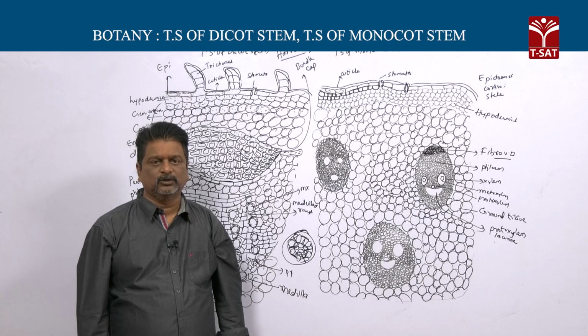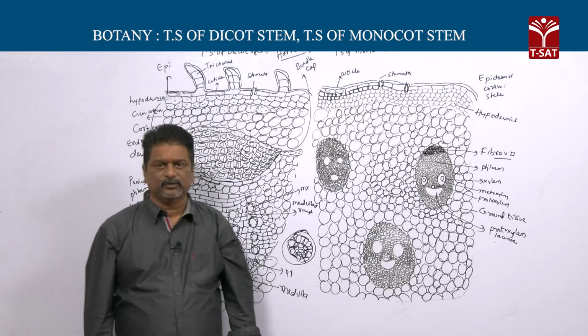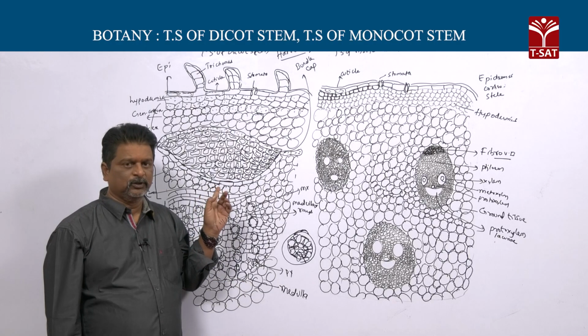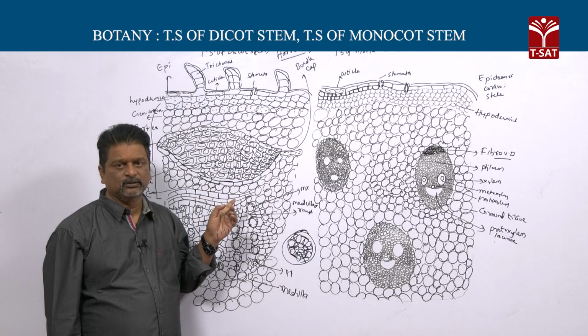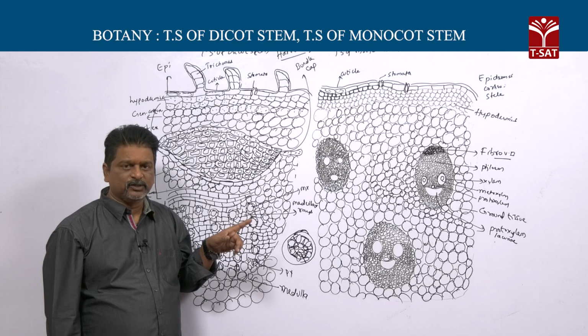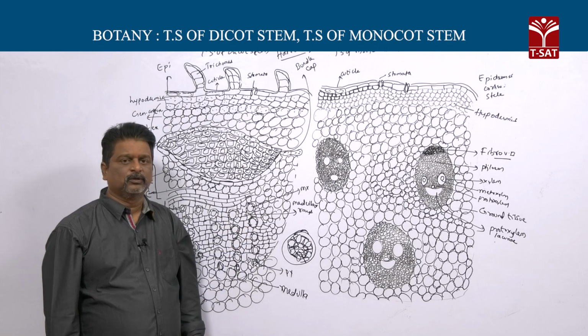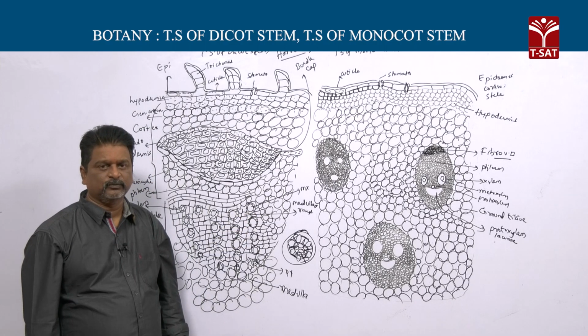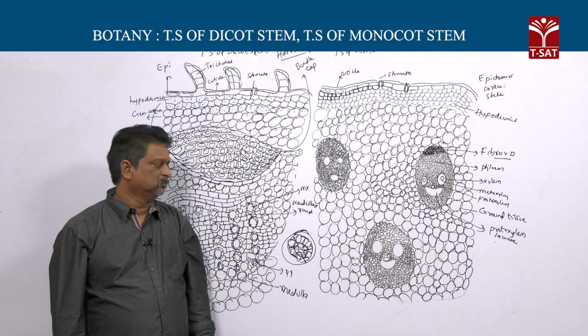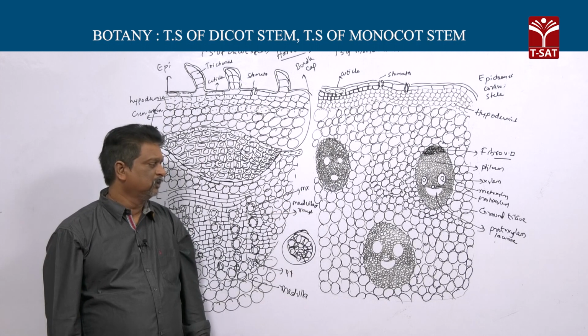In old monocot root, it is sclerenchymatous. In dicot stem, pericycle is multilayered. Then it is sclerenchymatous, but only in sunflower it has, along with sclerenchyma, parenchyma present. In monocot stem, pericycle is absent.